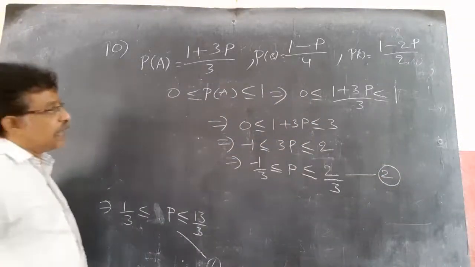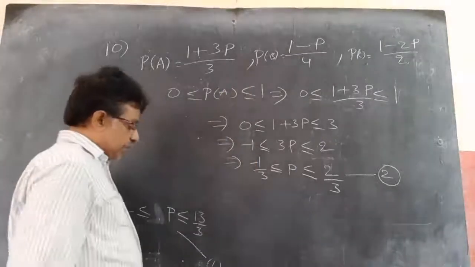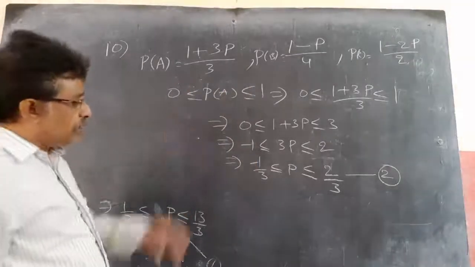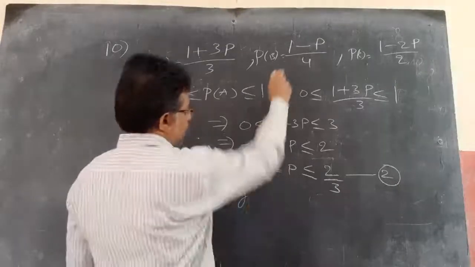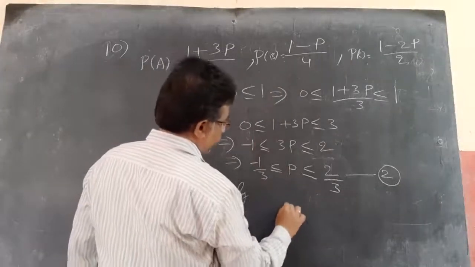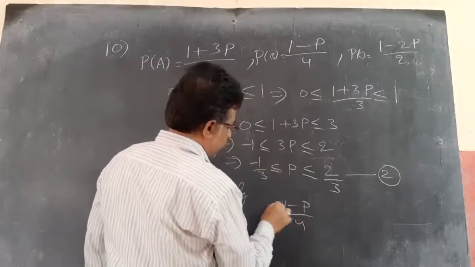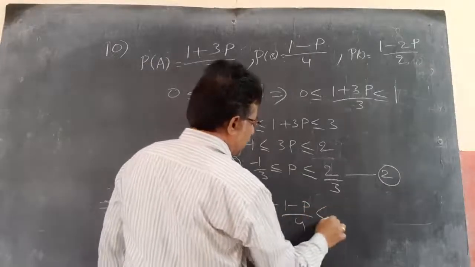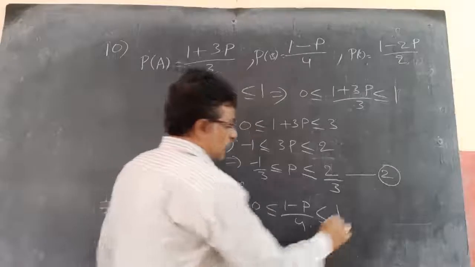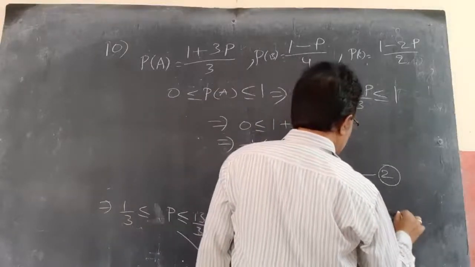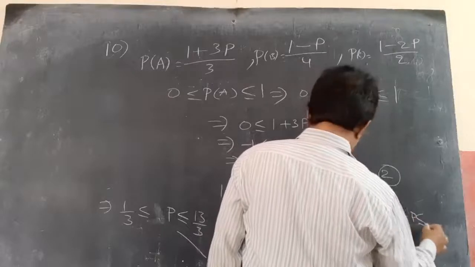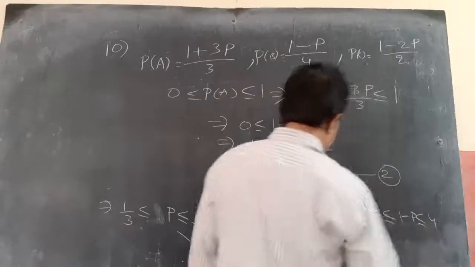Next, I will take P of B. P of B, which is 1 minus p by 4, lies between 0 and 1. If I multiply with 4, it becomes 0 less than or equal to 1 minus p less than or equal to 4.